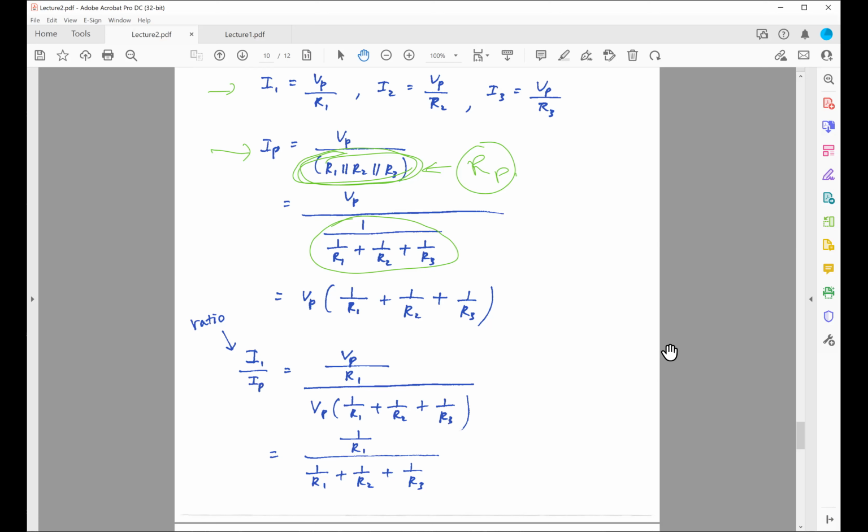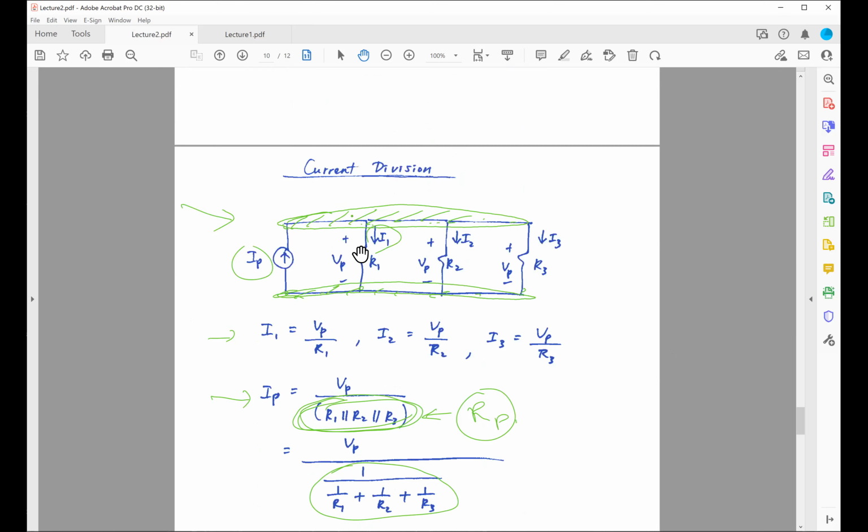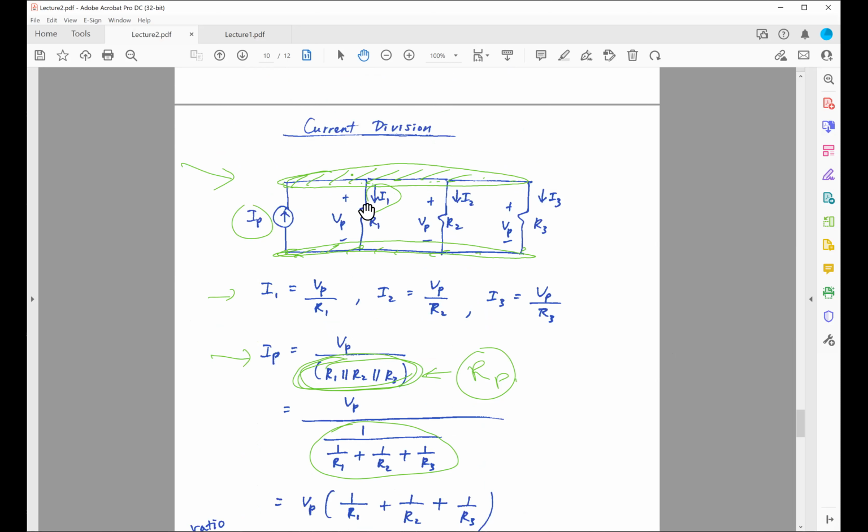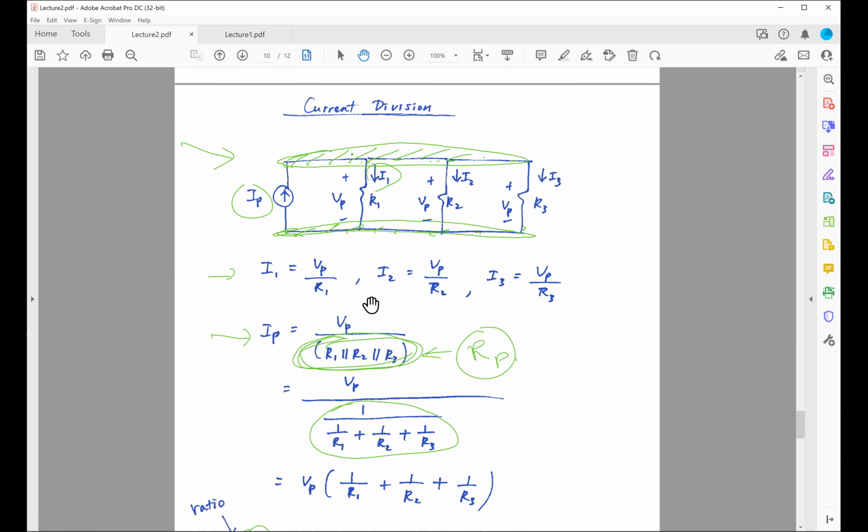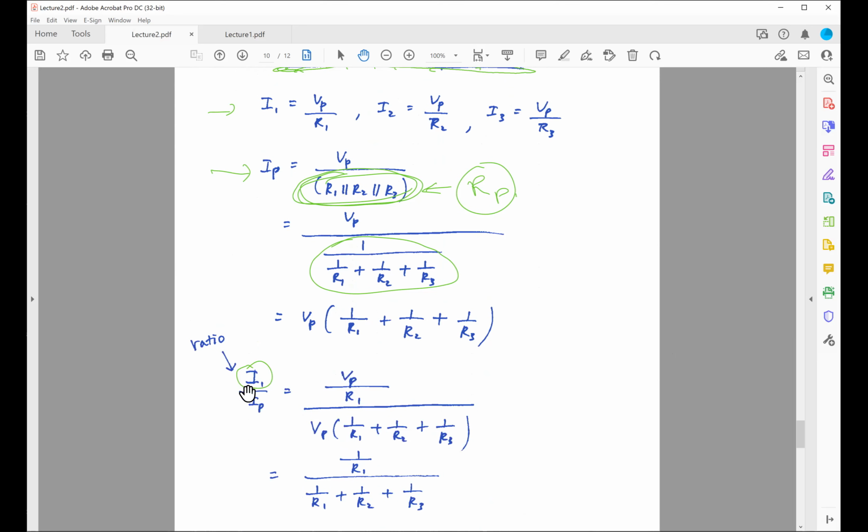For example, if I'm interested in finding I1, the current passing through resistor R1, I'm going to take I1 divided by IP, the simple current ratio. Where I1 is Vp over R1, simple Ohm's law, divided by IP. What is IP? IP is what we just derived, which is Vp times this whole thing here.